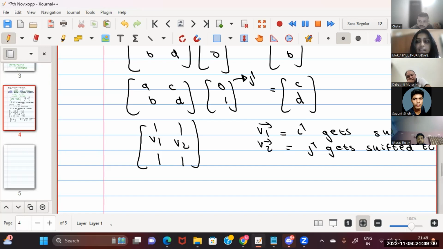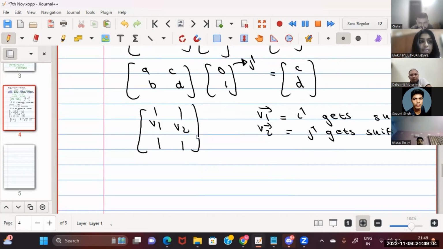Another way to think about it is that the columns of the matrix are orthonormal. So what we're trying to do is shift the basis, or the reference of our vectors, from I cap and J cap to a basis that consists of two vectors that are orthonormal to each other.